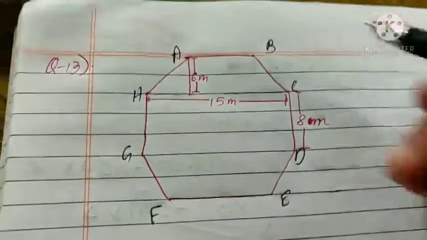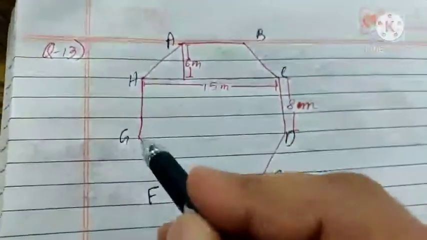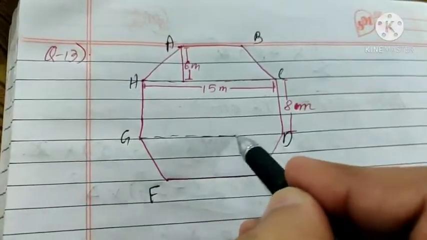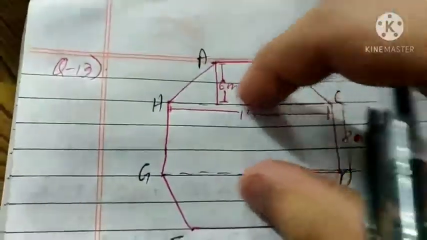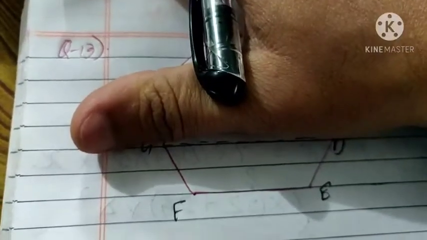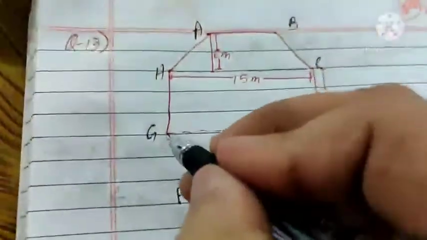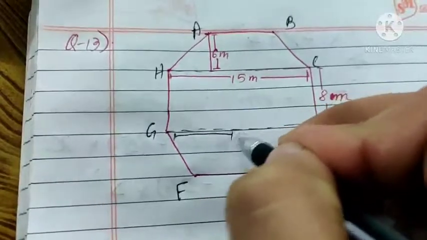So what will we do? We will just divide it into 3 segments. This is a trapezium and then this is a rectangle and then this is again a trapezium. This was 15, so this will also be 15.